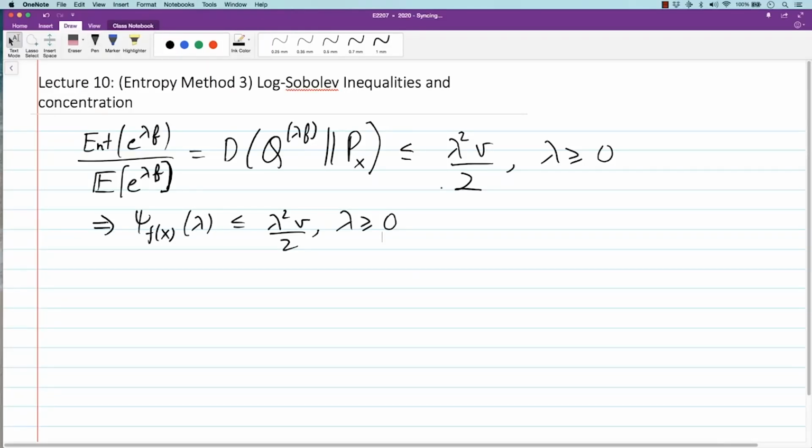If we can show this, that was the first part of the entropy method. This is called Herbst's argument.